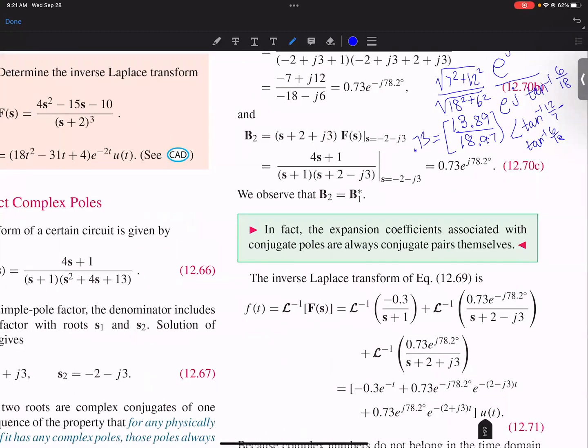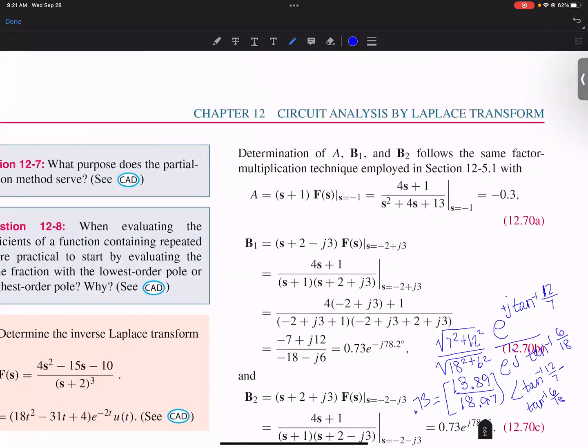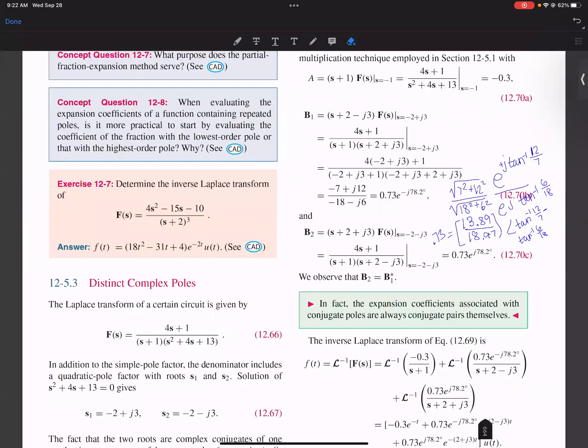For this one, you would evaluate the A1 just by multiplying it by (s+1) first and evaluate it at s equals -1. So the bottom would still have that (s+2) cubed.